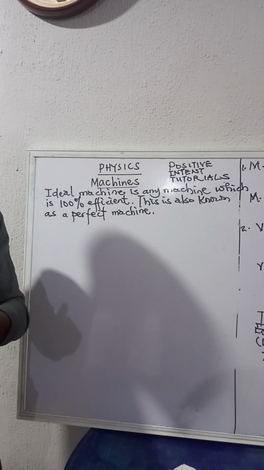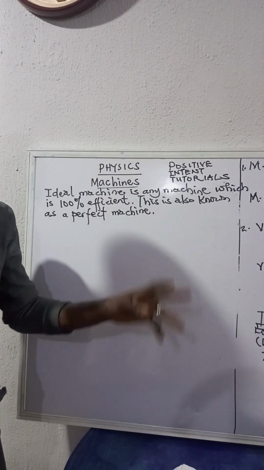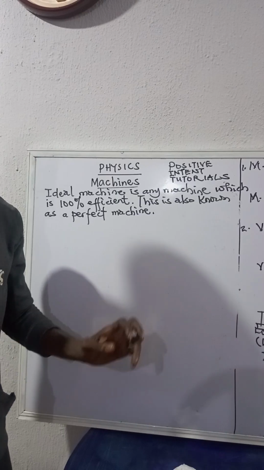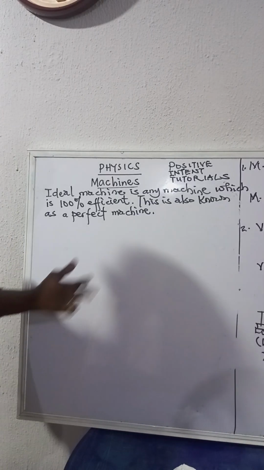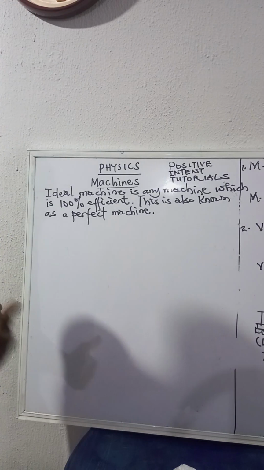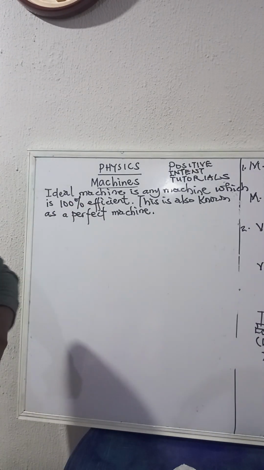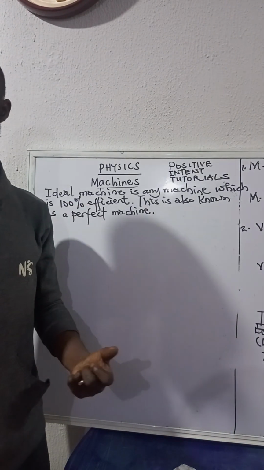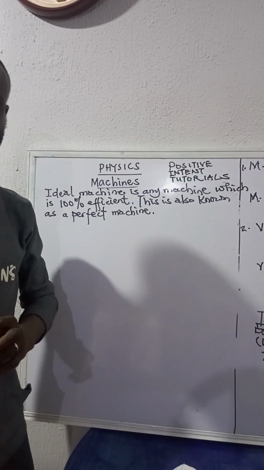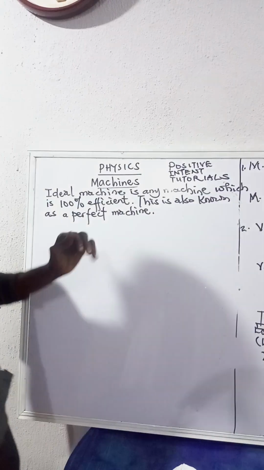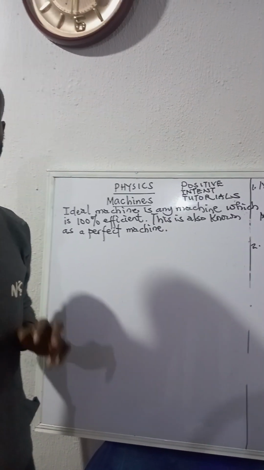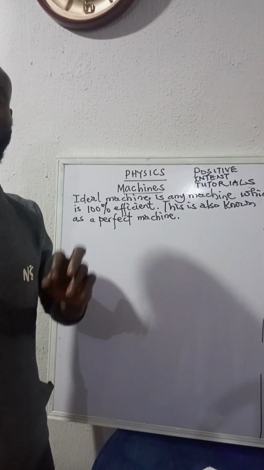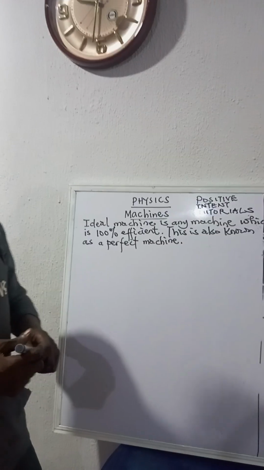So that is why it is very difficult to have a perfect or an ideal machine in a practical sense. Still, it is quite possible. In factories, when you go to buy vehicles, to buy cars, there is a kind of test they always subject their products to, for you to know that the engine is in a very good condition.